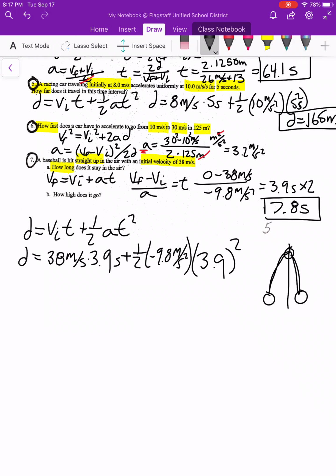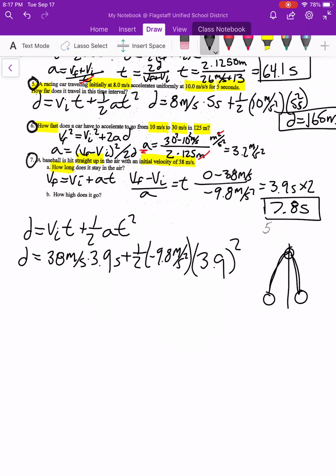Okay. Let me get my calculator. We'll go 3.9 squared, right? Don't forget that, times 9.8 divided by 2. Whoops. Hold up, I messed up, sorry.